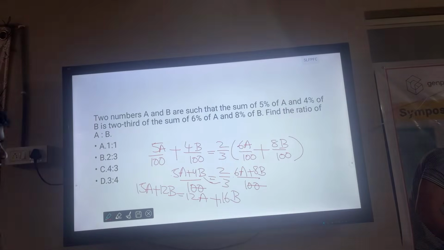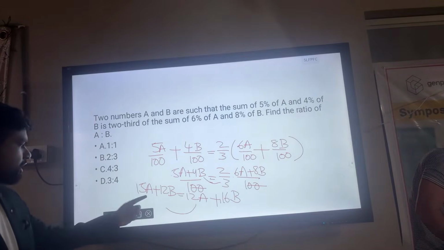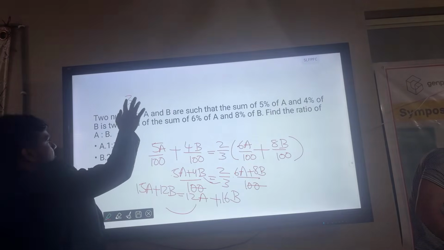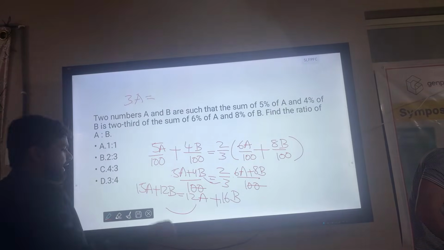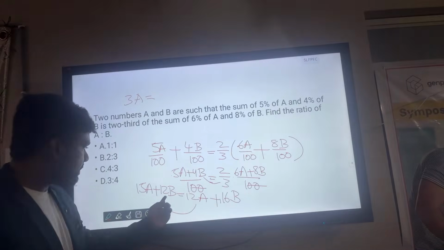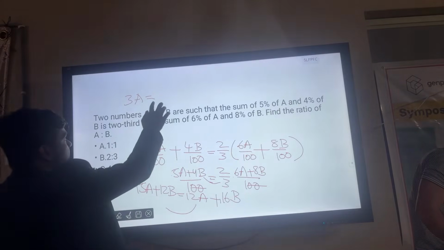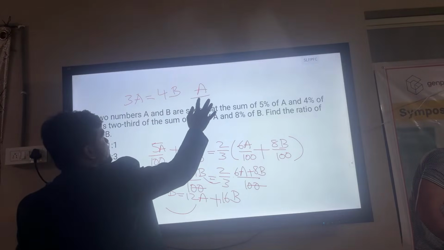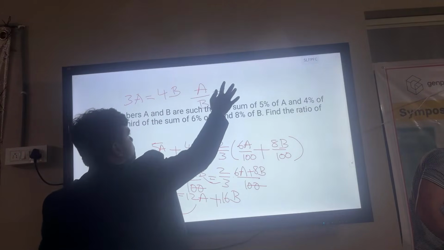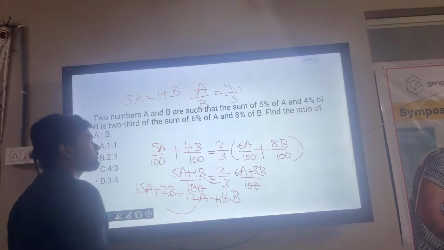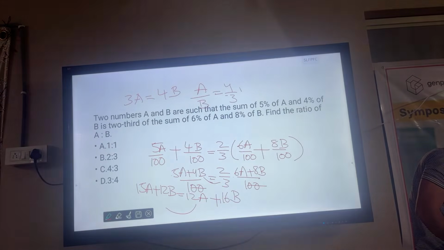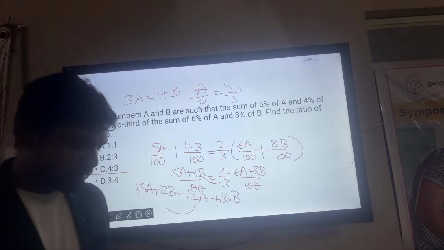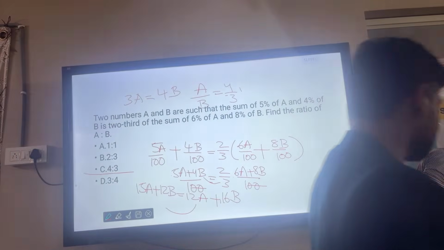When you bring this to the other side, 15A minus 12A, nothing but 3A, and 16B minus 12B, nothing but 4B. So A by B is equal to 4 by 3. So A is to B ratio is what? 4 is to 3.